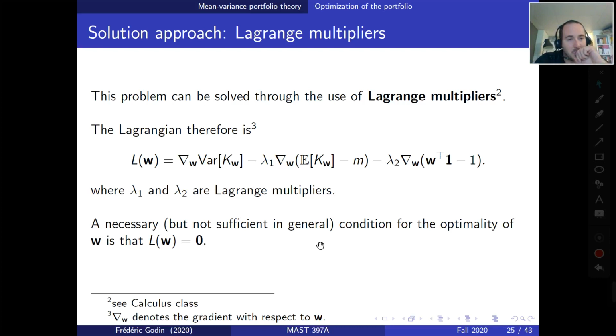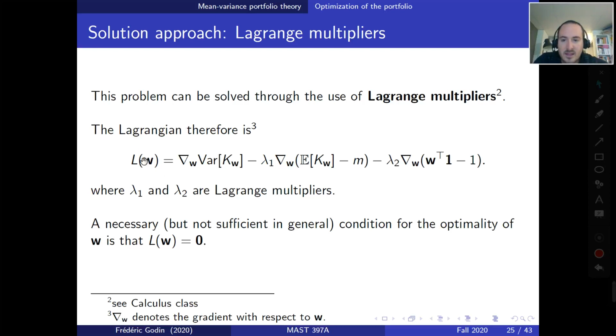In that case, when we use Lagrange multipliers, we must consider what we call the Lagrangian. And this quantity is the following. The Lagrangian is denoted L(W).